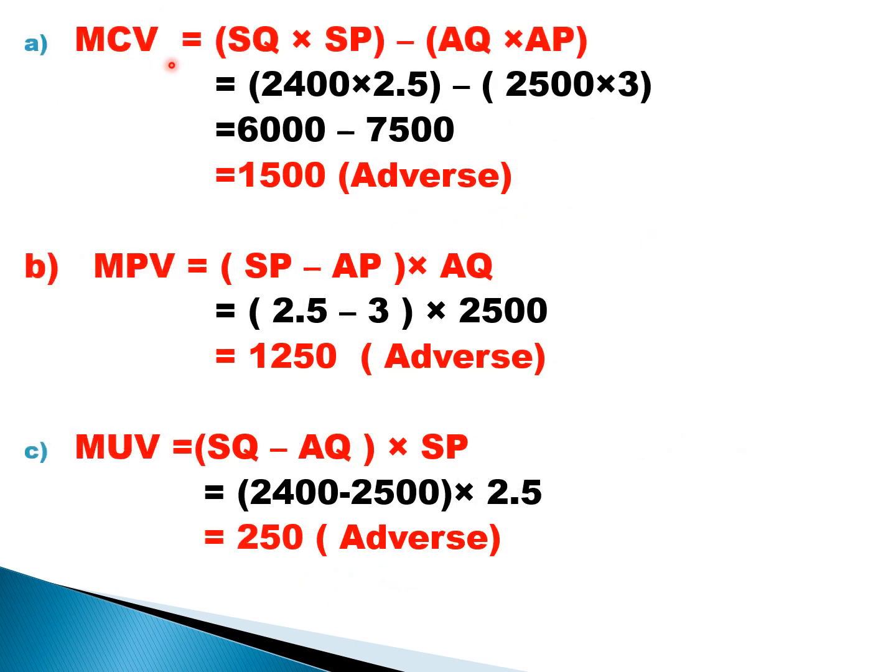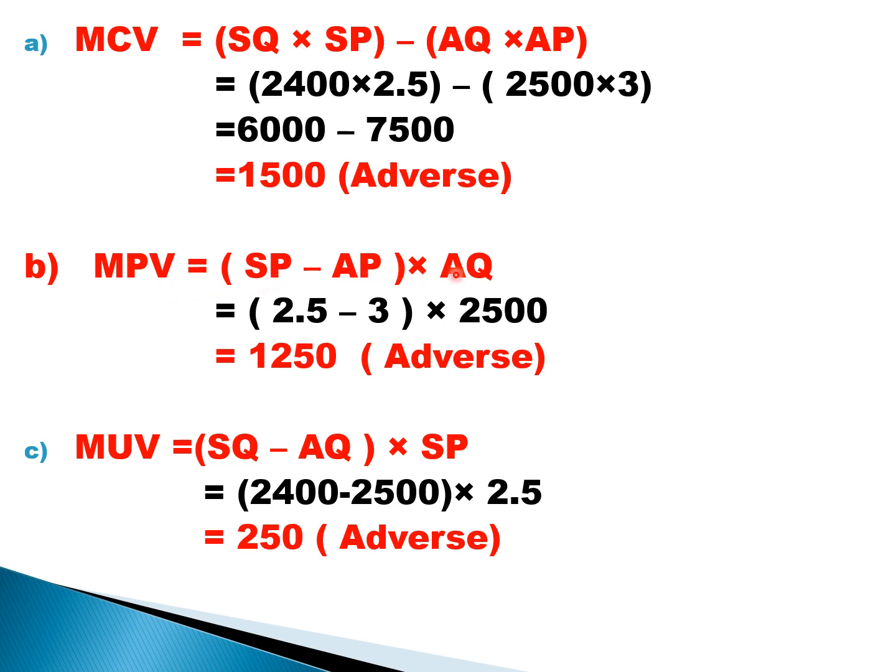So MCV formula, standard quantity 2,400 into 2 rupee 50 paisa minus actual quantity 2,500 into 3 rupees. So you get 6,000 minus 7,500. You get answer minus 1,500 adverse. Next, material price variance.